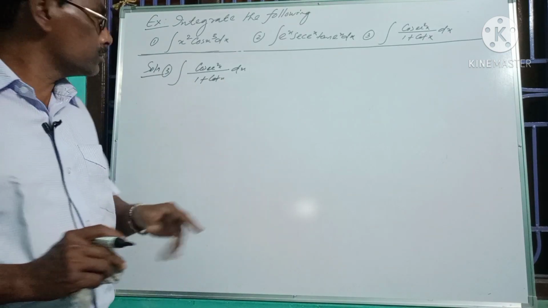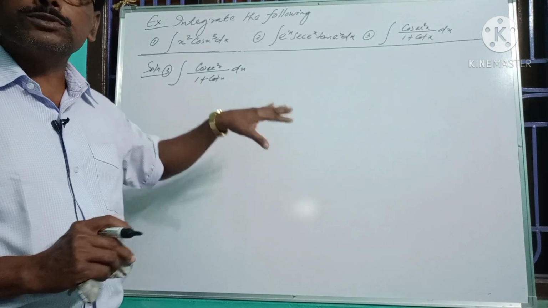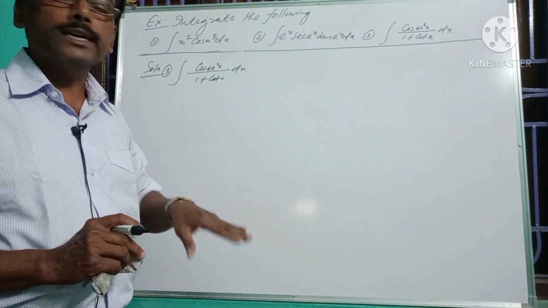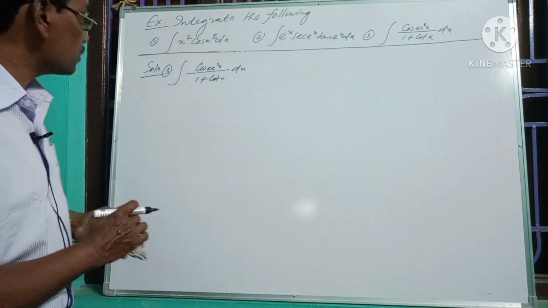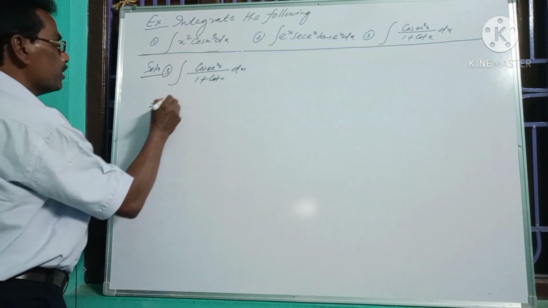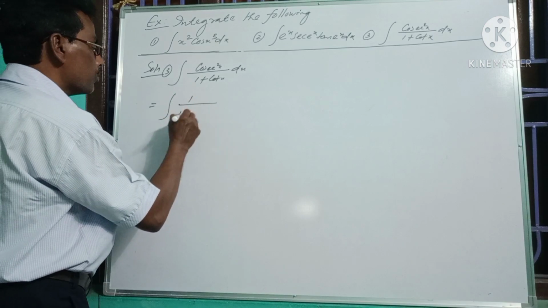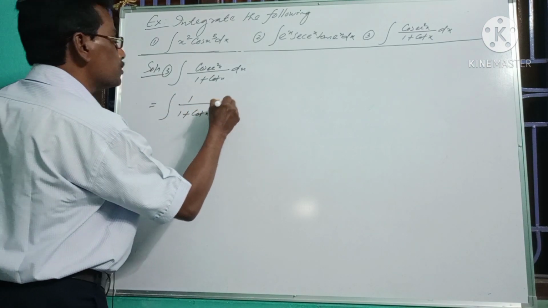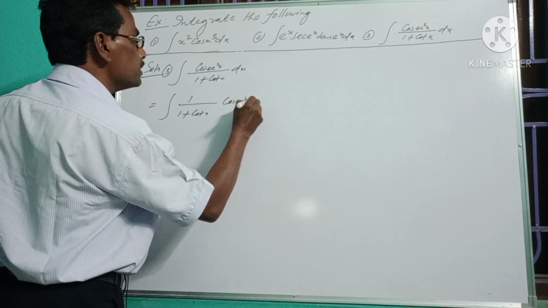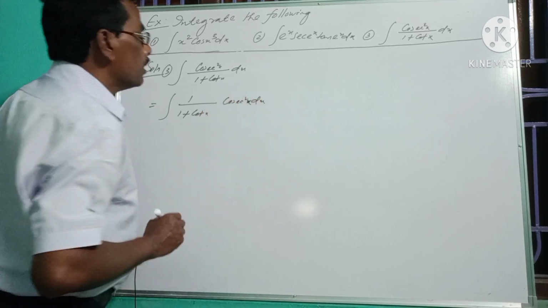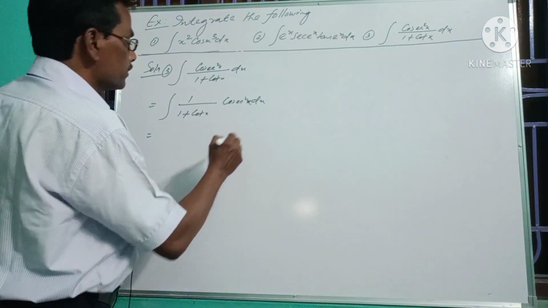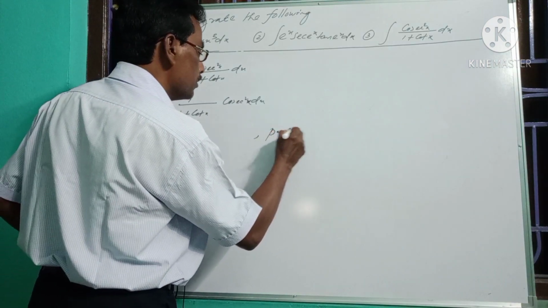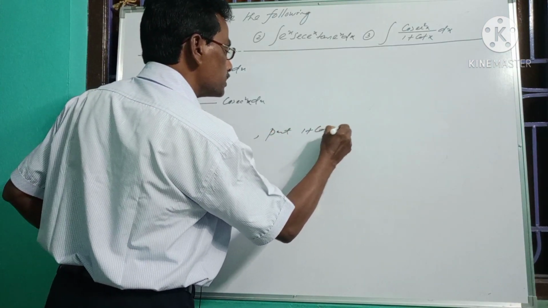So we have to substitute 1 plus cot x. Before substitution we have to make an adjustment, that is cos square x will be adjusted with dx. So adjusting dx with cos square x, we have integration of 1 by 1 plus cot x into cos square x dx. Now let us substitute 1 plus cot x is equal to v.